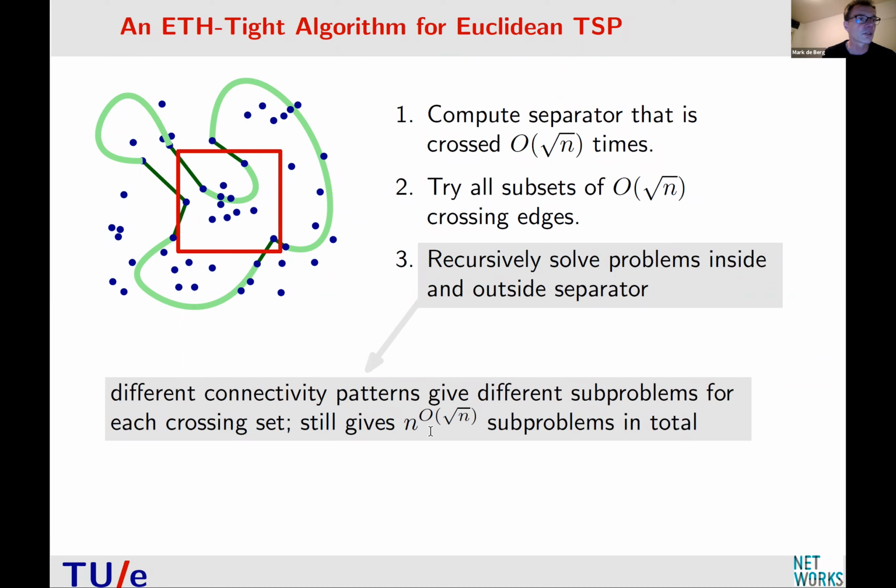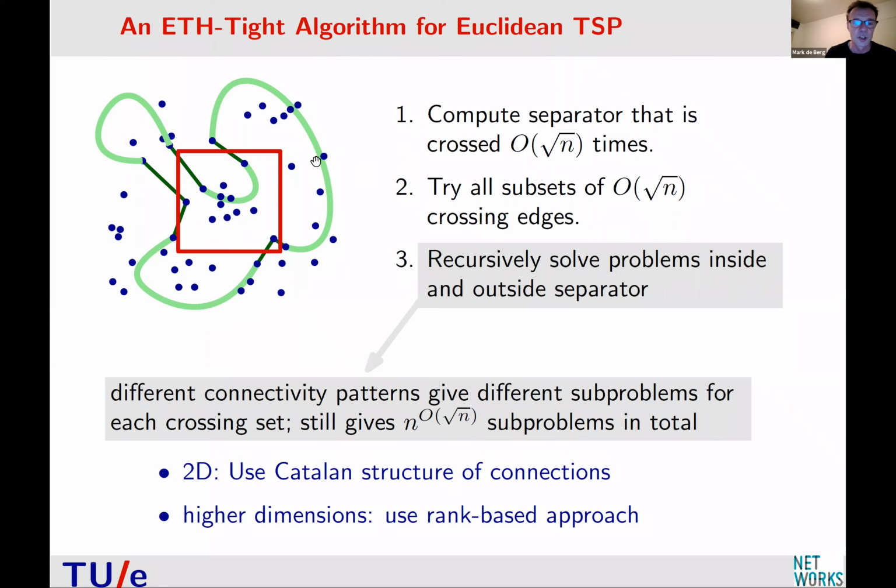One is something that perhaps some of you already realized: this connectivity pattern on the outside that you have to guess, because in 2D the TSP doesn't cross itself, you get some kind of Catalan structures going on. That's some bracketing structure. So that works. If you want to do it in higher dimension, you have to do some other stuff.